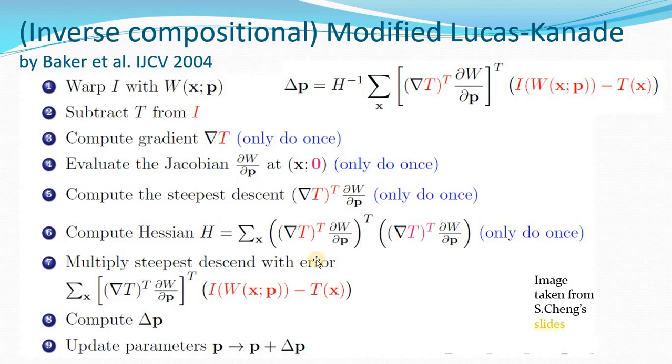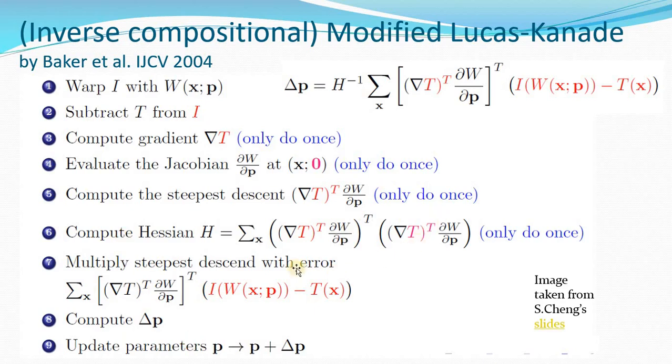Now you just have to multiply this stored thing with the error. It is only this minus that you have to do, that will come over here, and you can multiply the rest. You can just save this and keep on multiplying this. You need not update these values again and again as you iterate the algorithm.